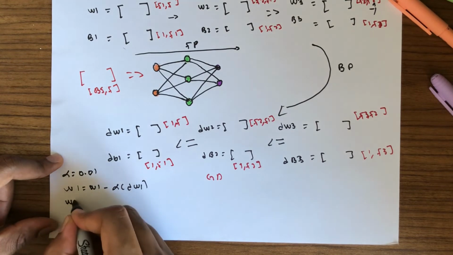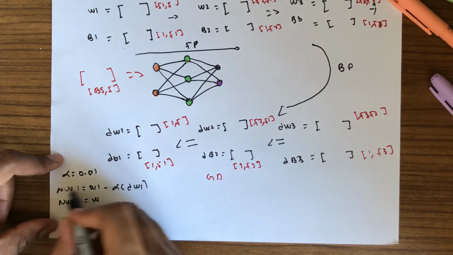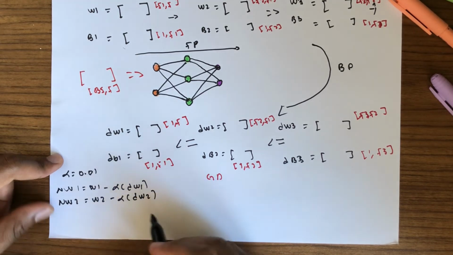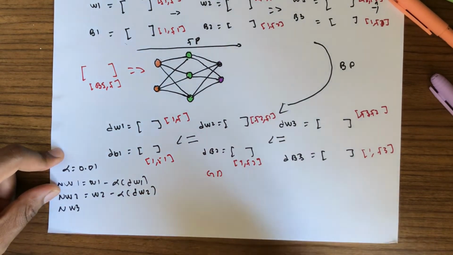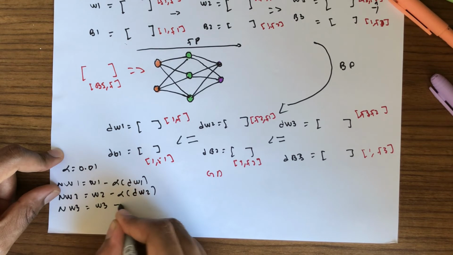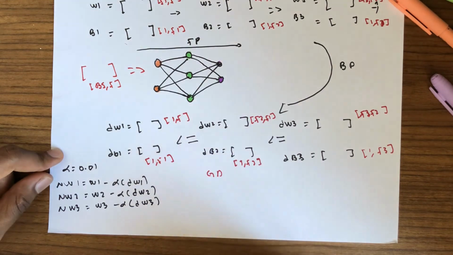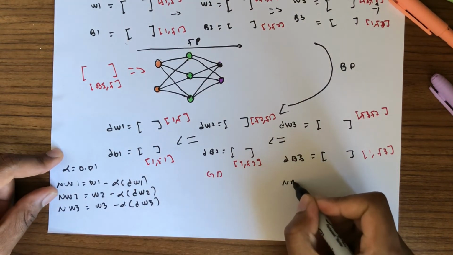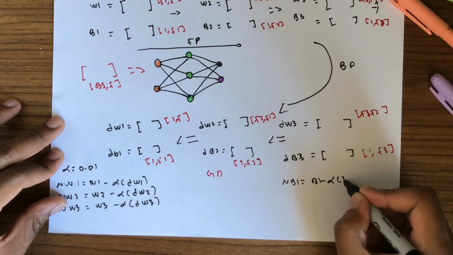And W2 is also going to be the new W2: W2 minus alpha times dW2, and the new W3 is W3 minus alpha times dW3. All right, so similarly, the new B1 is going to be B1 minus alpha times dB1.